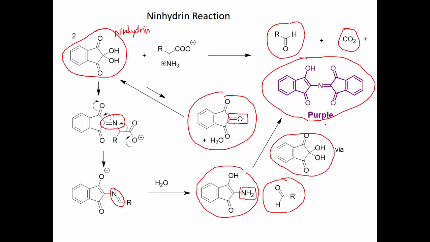It's really just an imine formation using this amine right here as the source of the nitrogen part of this molecule. And since this is not derived from an amino acid, it doesn't have that carboxylate or that carbon dioxide leaving group. So this purple compound is now a stable compound.